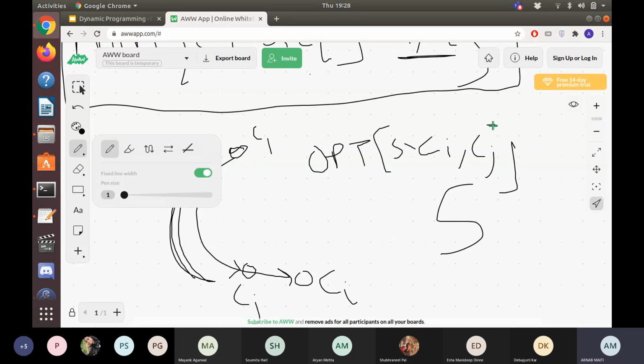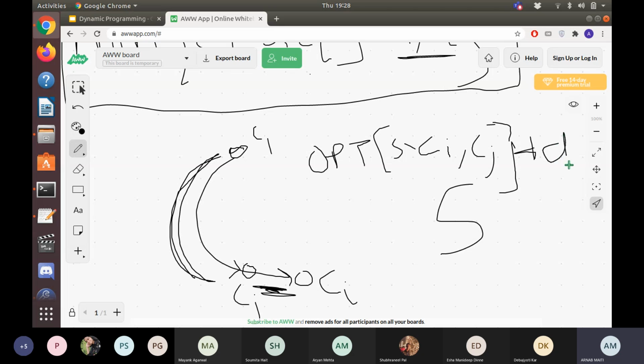This is what we want to calculate. Plus, the answer to the original OPT problem would be to add the distance between Cj and Ci. I represent it by D, the distance between Cj and Ci.